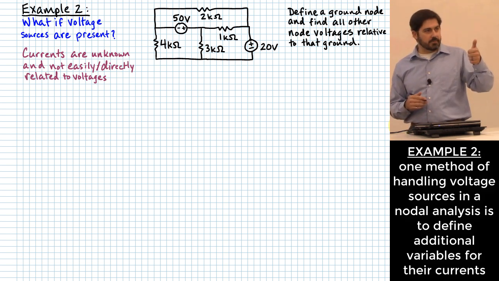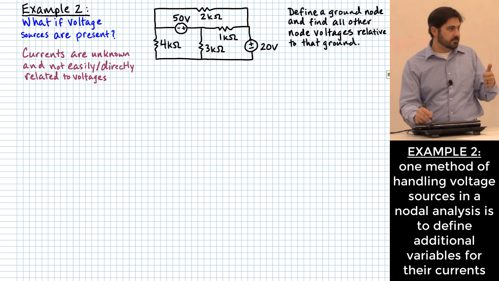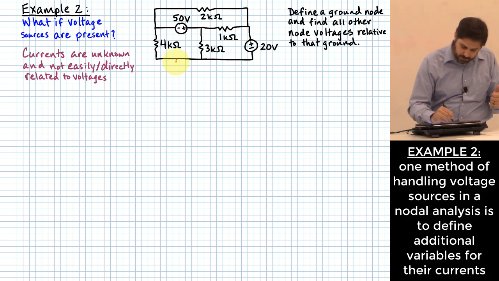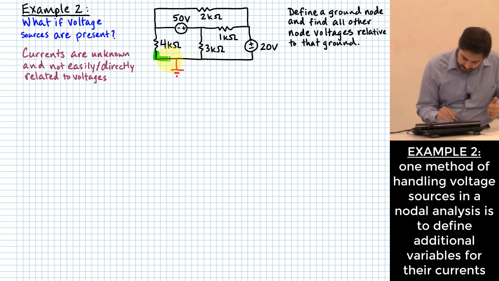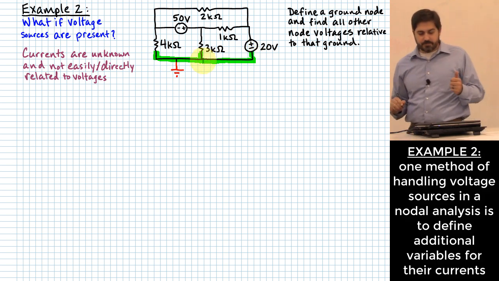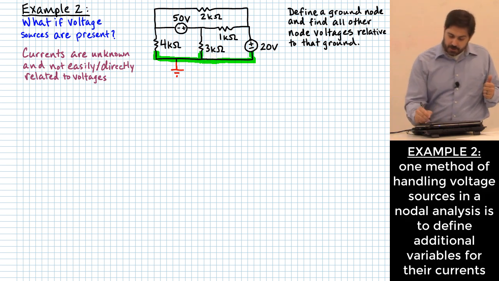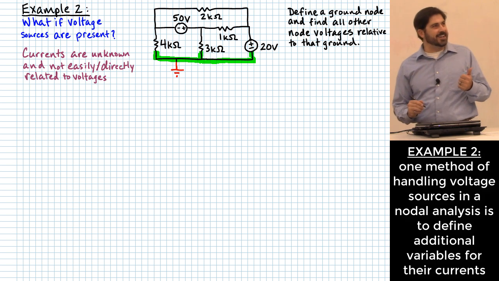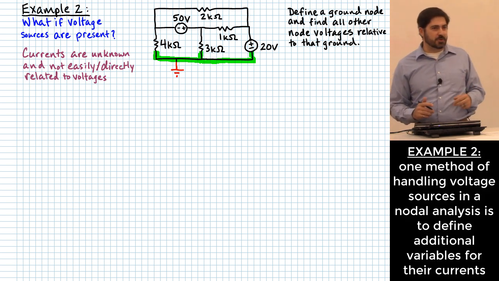What was our step 1? Identify a ground node. Let me do that like I did last time. We'll say this is the ground node down here, and let me color it like I did on the last one. Actually, my step 1 was to identify all the nodes, so I flipped those first 2 steps.